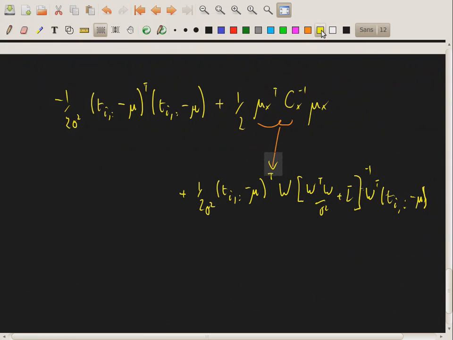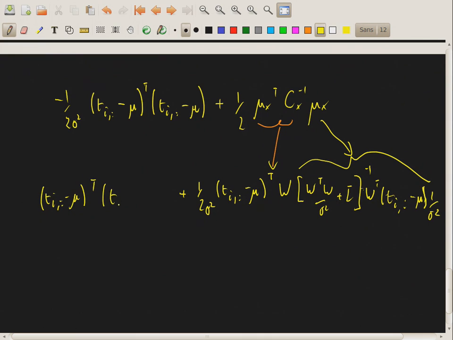I said I was going to save that, so let's put that in. Times 1 over sigma squared at the end. I could put sigma to the 4 there, but I just wanted to keep that like that, yeah? Okay, and then this other term here is this Ti colon minus mu transpose Ti colon minus mu minus a half sigma squared. So that's what we've got.